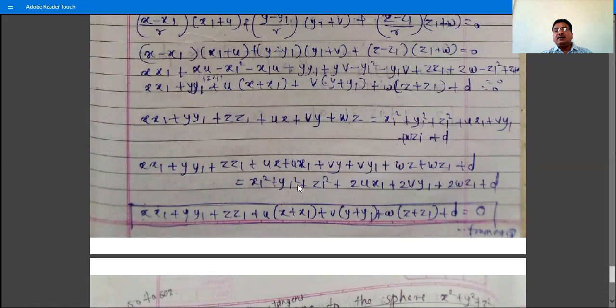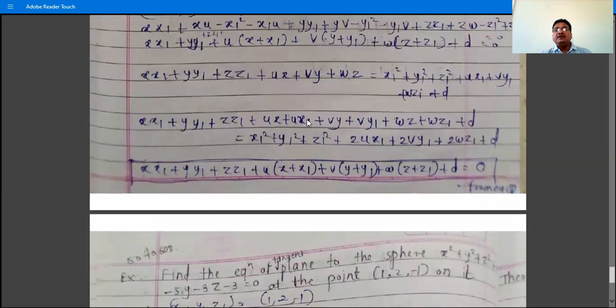So what is the RHS? Now x1 square plus y1 square plus z1 square. ux1 plus ux1 becomes 2ux1, vy1 plus vy1 becomes 2vy1 and wz1 plus wz1 becomes 2wz1 plus d. So add these terms ux1, vy1 and wz1 in LHS and RHS.